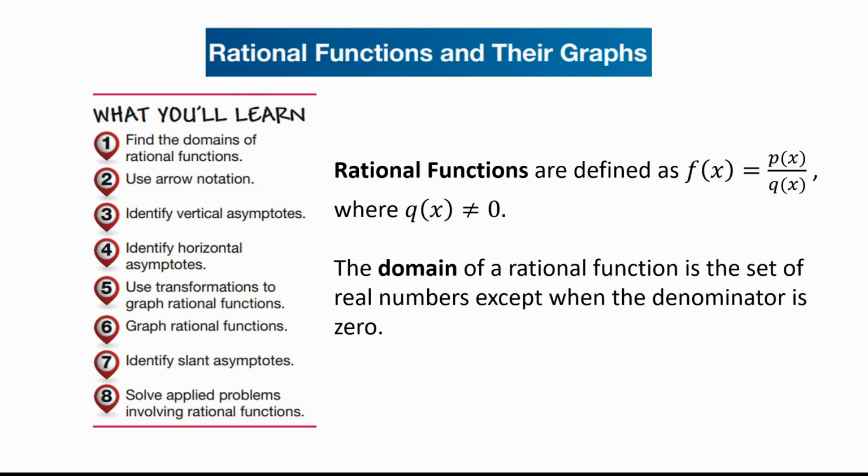Let us talk about rational functions and their graphs. Our goal is to be able to graph these rational functions. We need to know something about the domain, also vertical and horizontal asymptotes.